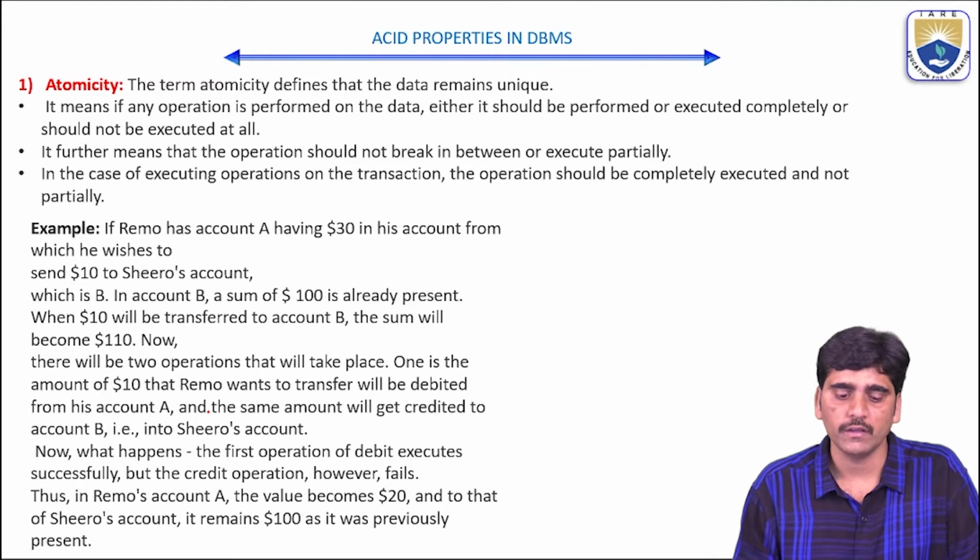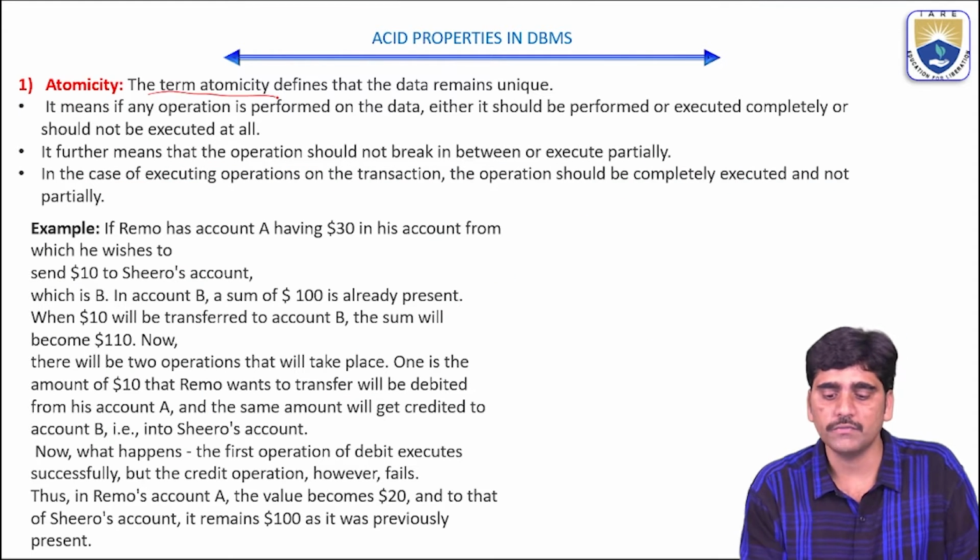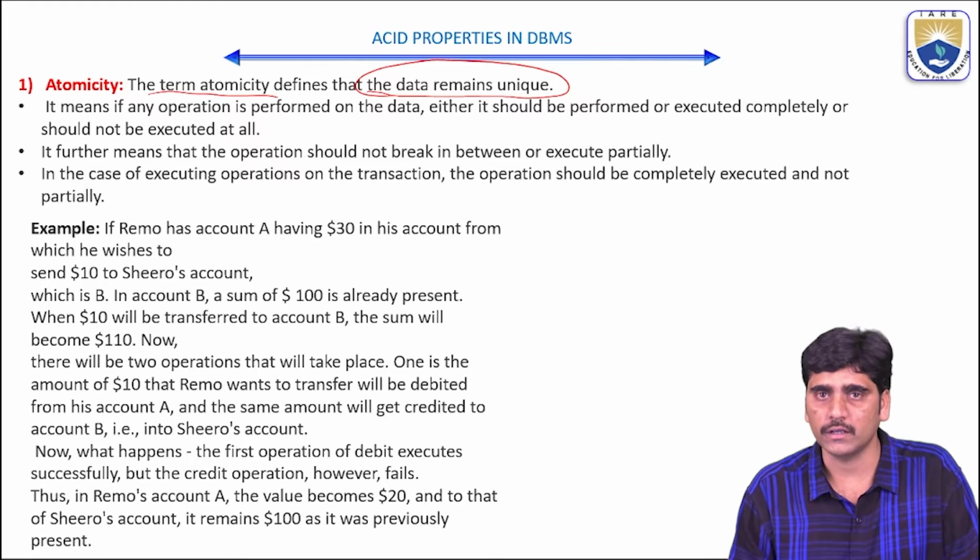The atomicity property. The term atomicity defines that the data remains unique. That means the data should be unique, with no duplicates or other copies of the data. It should remain unique.